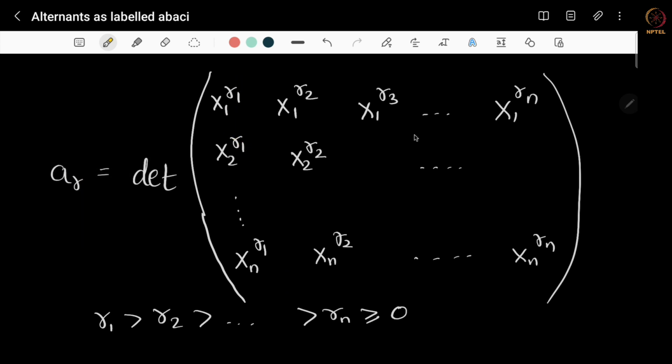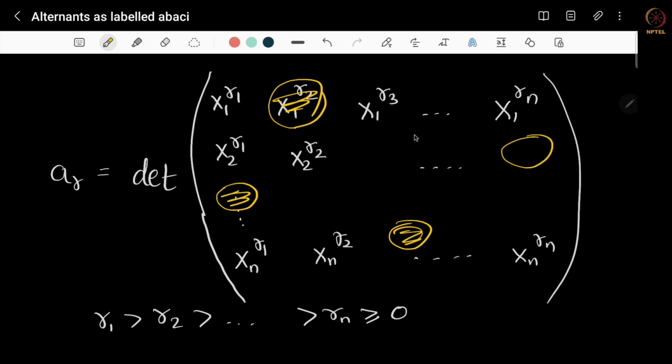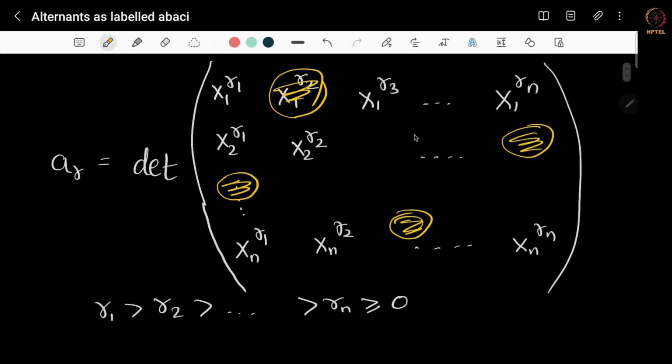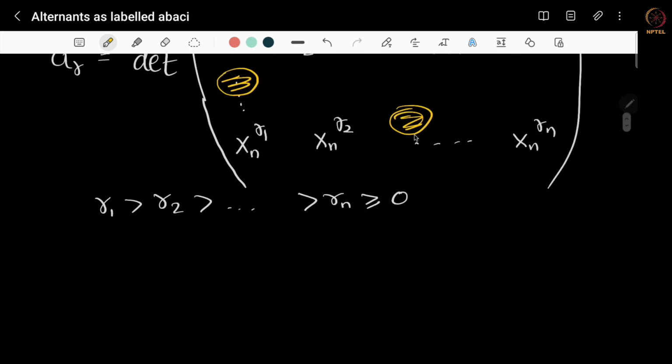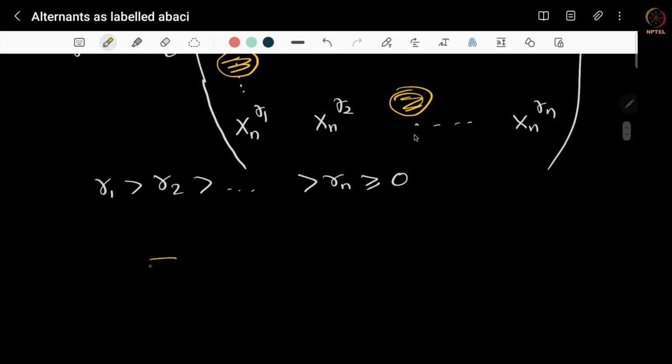So what does that imply? From the first column, you will have to pick some term, then multiply that with some term from the second column but in some other row, third column some other row, and so on. Right? Last column some other row. In other words, the expansion of the determinant looks like the following.